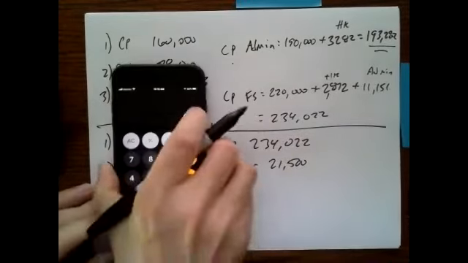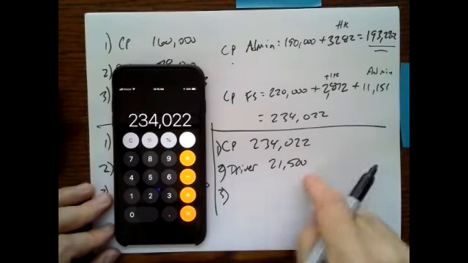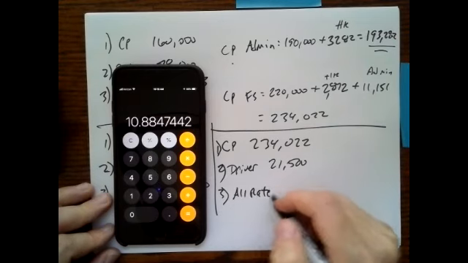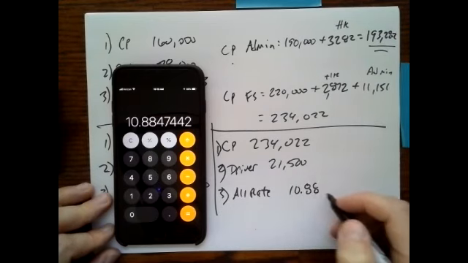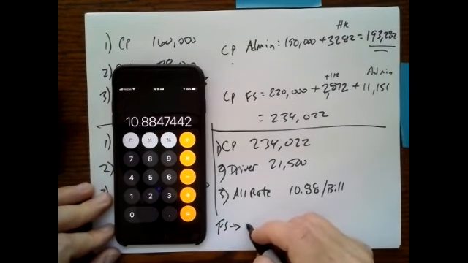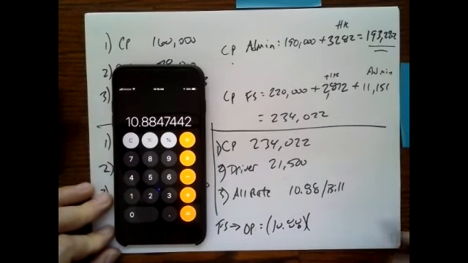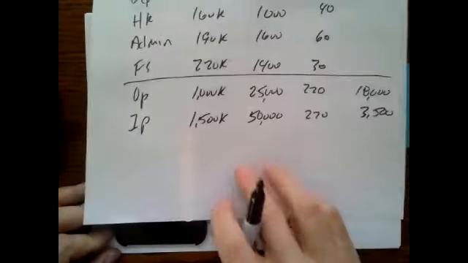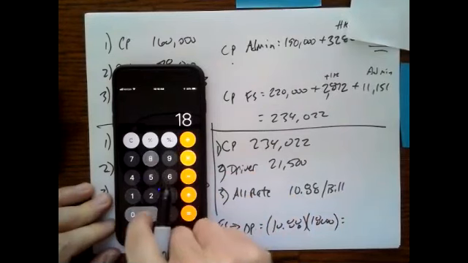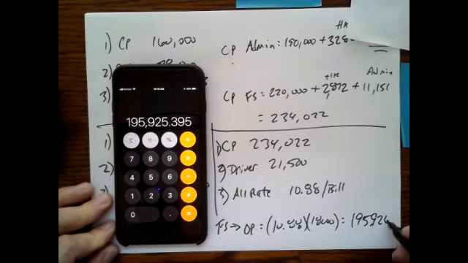So the allocation rate, 234,022 divided by 21,500 gives me $10.88 per bill. So financial services to outpatient is going to equal 10.88 times 18,000 bills, which is 195,925.